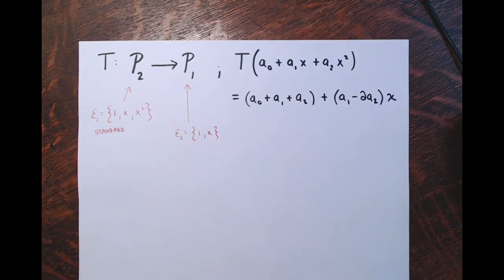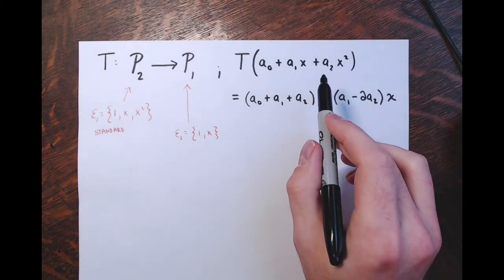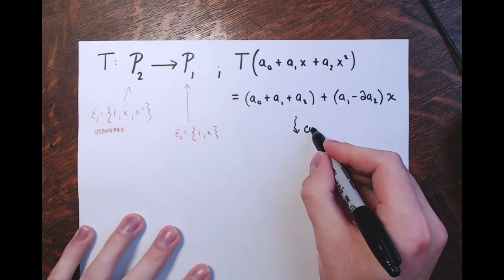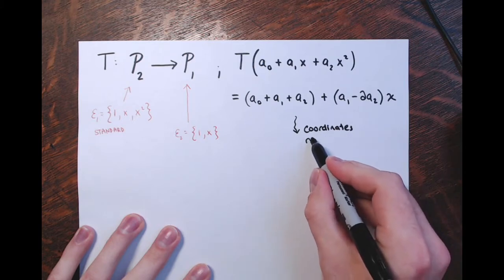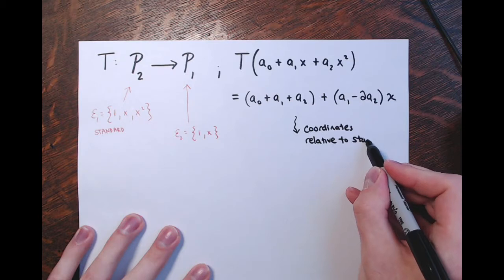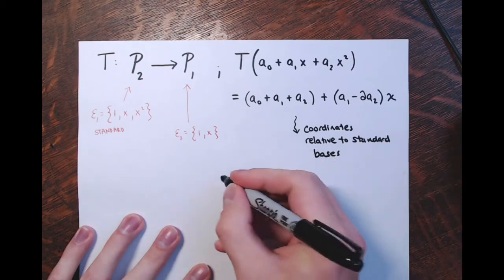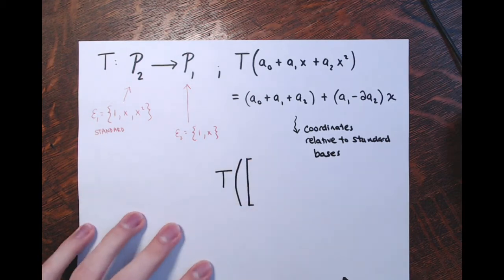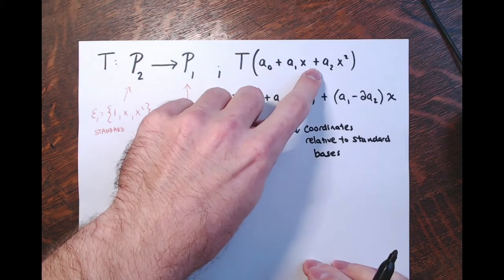So what I can do to find this, I can find the standard matrix really easily by changing everything to coordinates. If I change everything to their coordinates relative to the standard bases, I'd get the following. I'd have T of the coordinates of a0 plus a1x plus a2x squared.